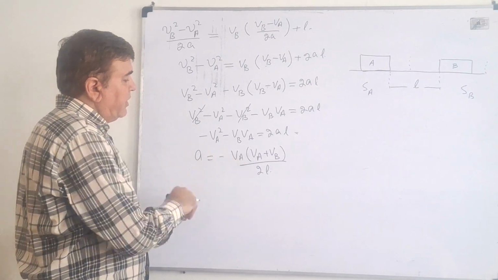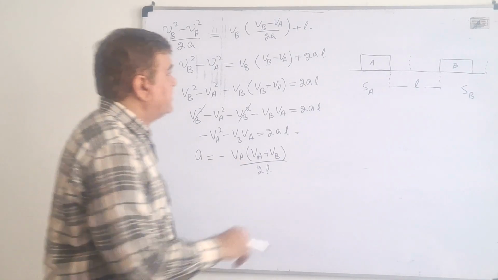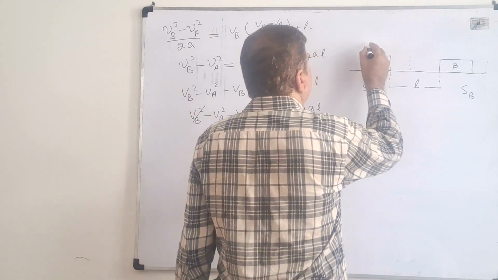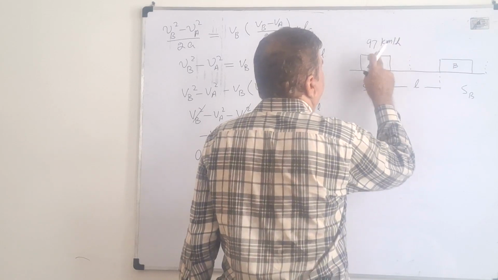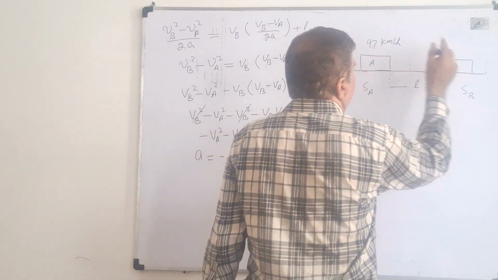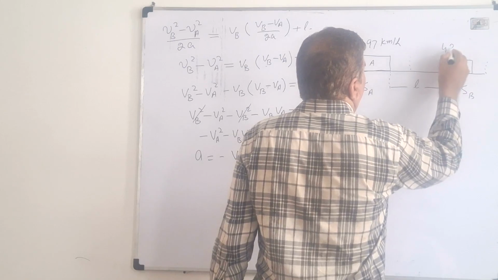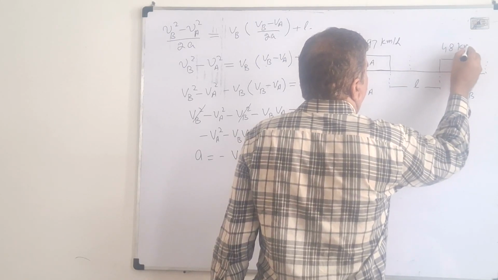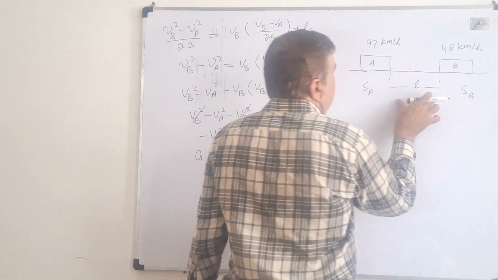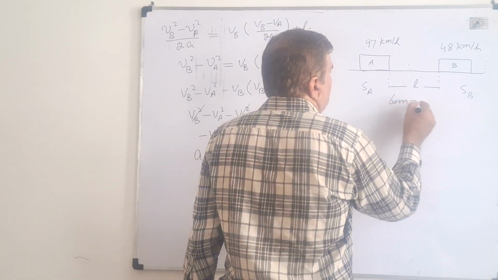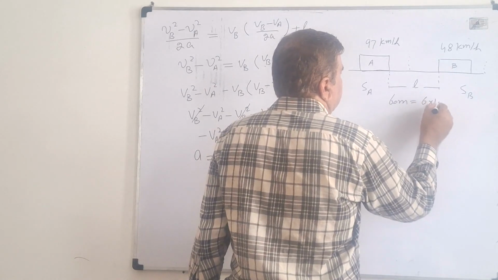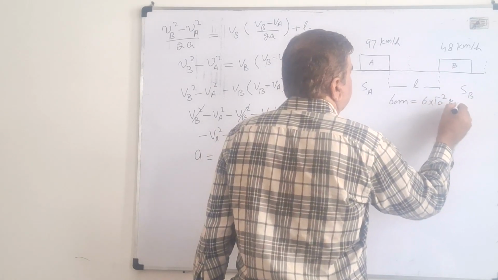Now if I give numerical values to these quantities, let me call this 97 kilometers per hour. That is, car A is moving with this initial velocity, and car B is moving at 48 kilometers per hour, and the initial separation between them is 60 meters, which is equal to 6 times 10 raised to the power minus 2 kilometers.